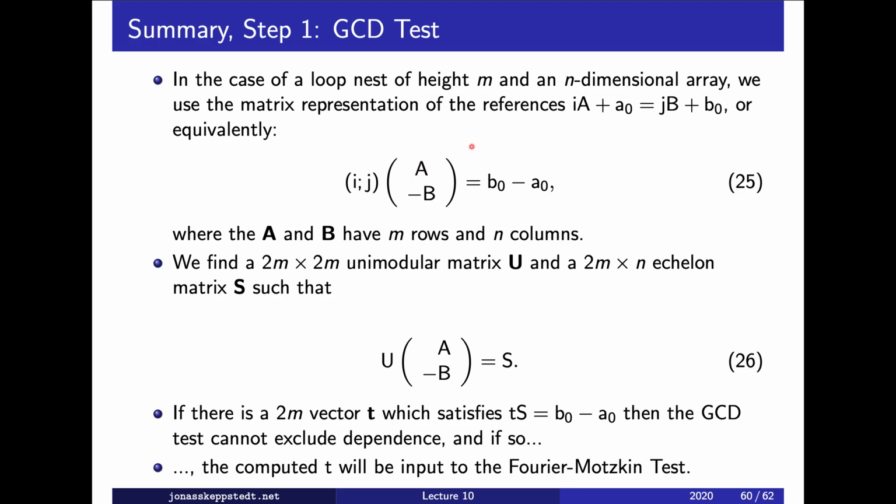We take this A minus B and say that we have a new matrix A for which we want to find a solution in the T variables. And if we find that, meaning there is an integer solution, then we use the Fourier-Motzkin test to see if the solution is within the loop bounds.